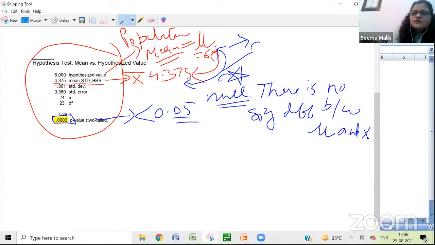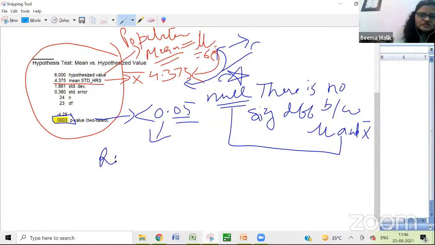That means there is no significant difference between the population mean and the sample mean. This is my null hypothesis. If my p value is less than 0.05, we can reject the null hypothesis.